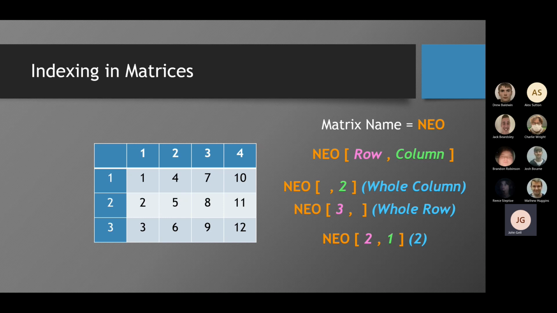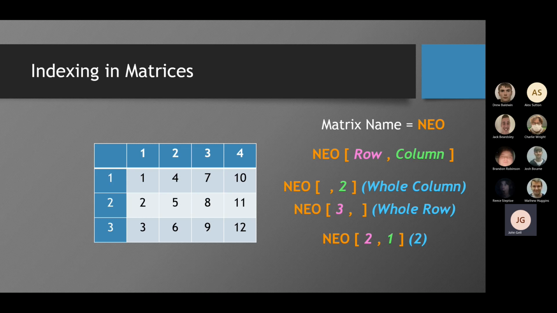Now that's if we want to call data from it. Okay, now we can call a whole column, we can call a whole row, or we can call a single data value. Does that make sense? So in order to do that, knowing the location of things, and the comma in this instance is so important, is because if we want to call a whole column, we have to go space, comma, and the column number.